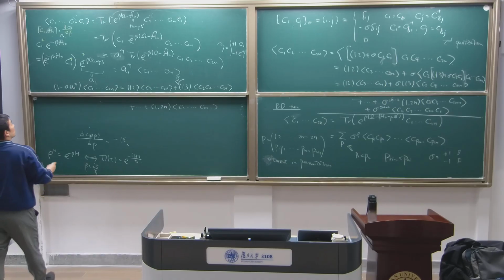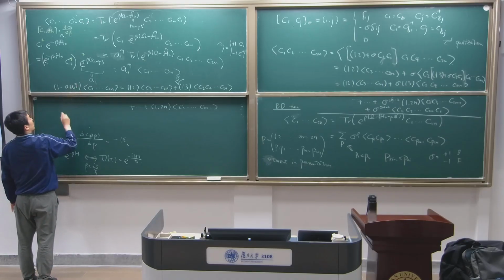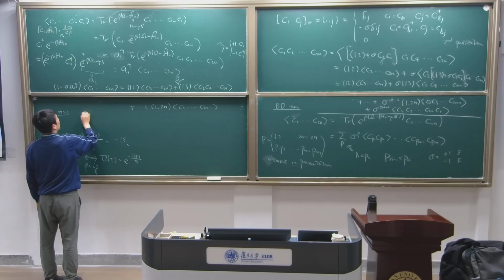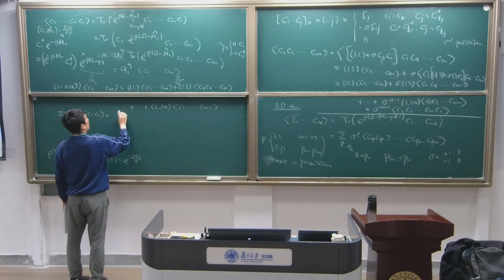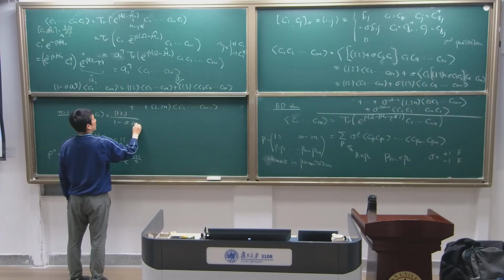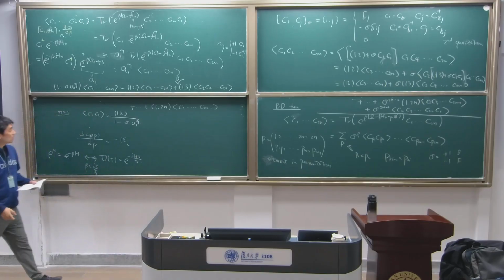And in particular, the n equal to 1 case reduces to C1, C2 equal to 1, 2 divided by 1 by sigma A1. So that's the key. Okay.